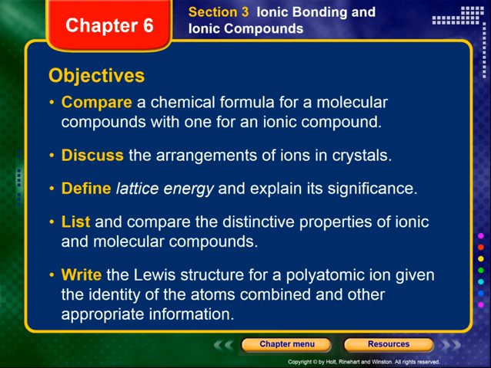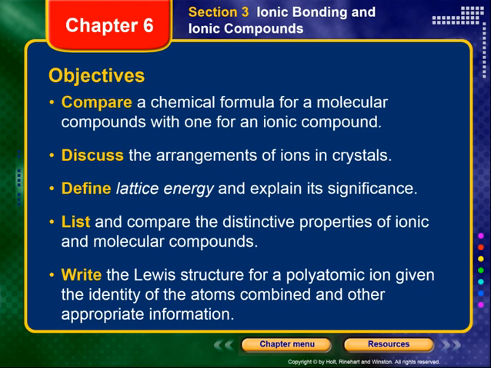After this video, I want you to be able to compare a chemical formula for a molecular compound with one for an ionic compound. Discuss the arrangements of ions in crystals, define lattice energy and explain its significance. And when I say explain its significance here, I do not mean tell me that it is significant, but tell me what it signifies.